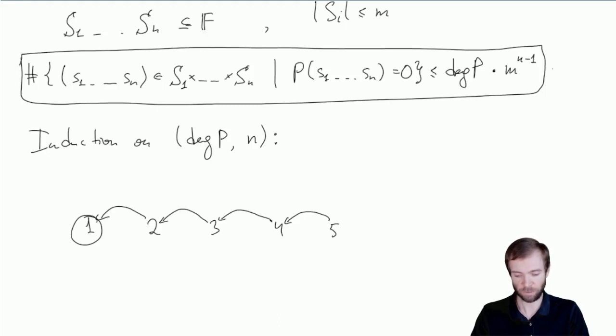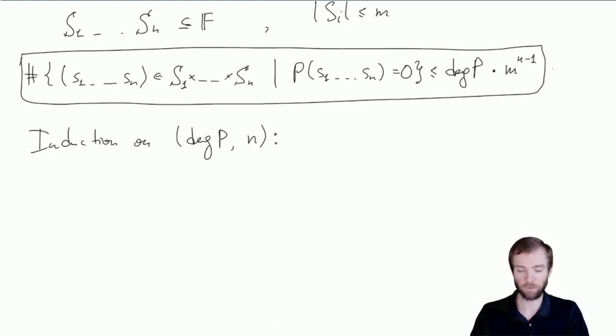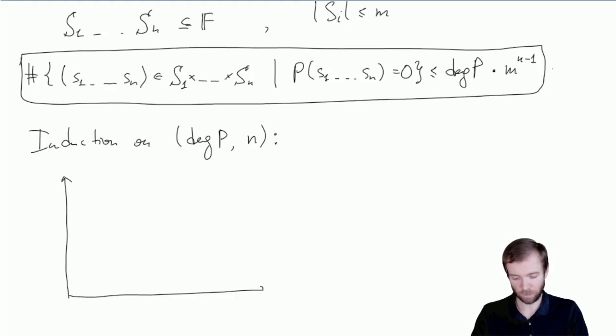So now the picture for the induction carried out for a pair of parameters would look approximately like this. If we plot this space of our parameters, here we have the degree of the polynomial growing, and here we have the number of variables growing.